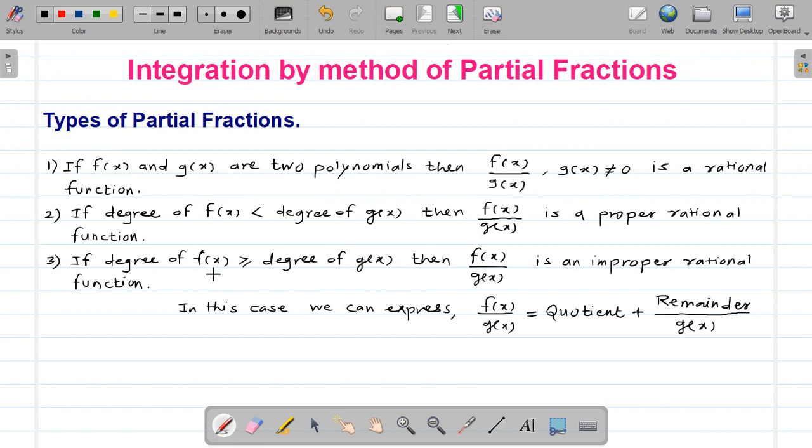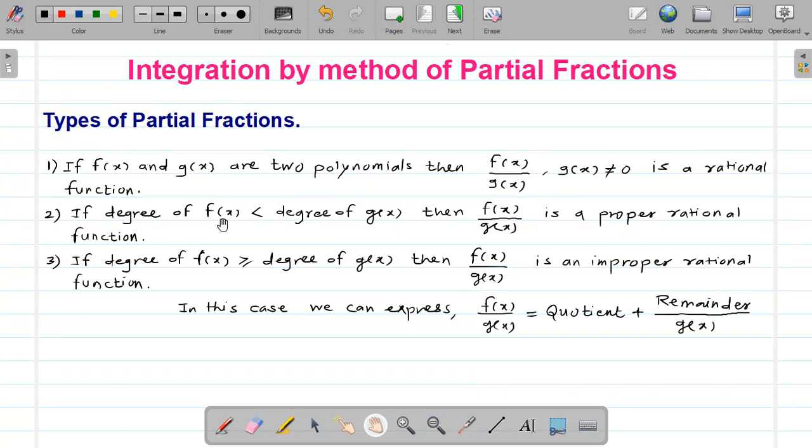It means if you have two functions f of x and g of x which are both polynomials, then f of x upon g of x is called a rational function. And in the rational function, the second point: if the degree of f of x is less than the degree of g of x, where degree means the highest index of x.